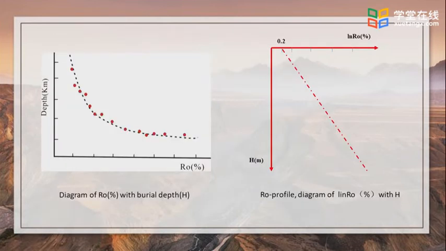These two diagrams that you can see show us the RO value is increasing with increasing depth, and the ground fitting here of RO value is 0.2. So the RO here starts from 0.2 and increases with the depth, and also the same for the line RO in the right part of this slide.